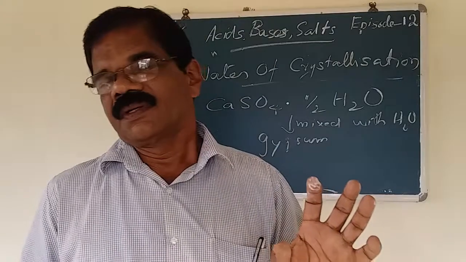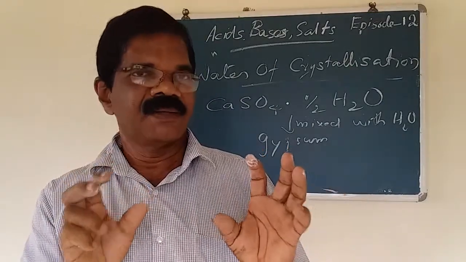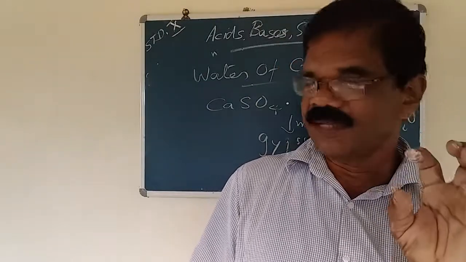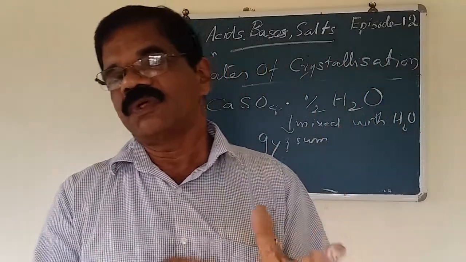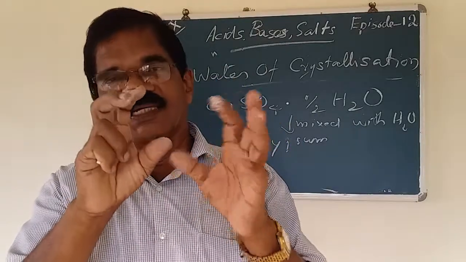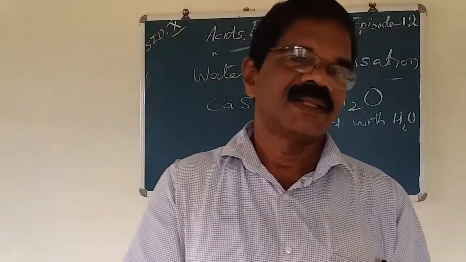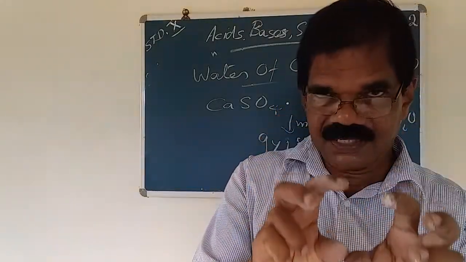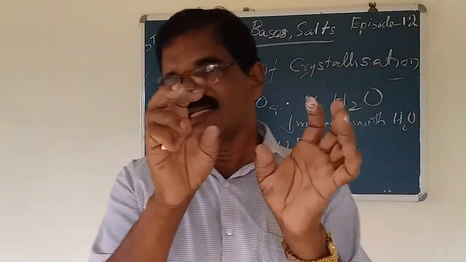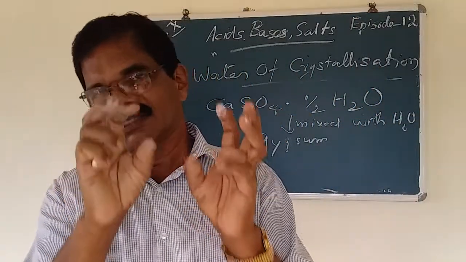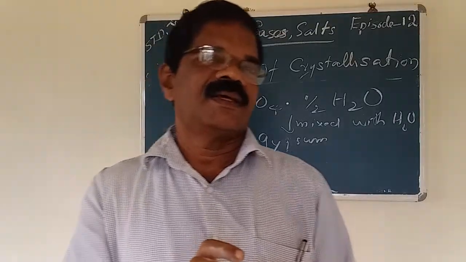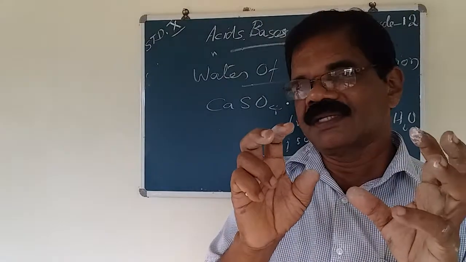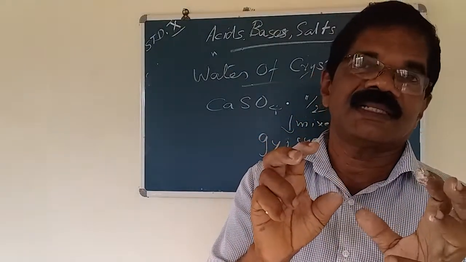So today, first take three papers. On one paper write brief notes on what you know about acids. On another paper, write the properties of acids. First write all the things related to acids. I will give you a photocopy of some important foods and their contents.